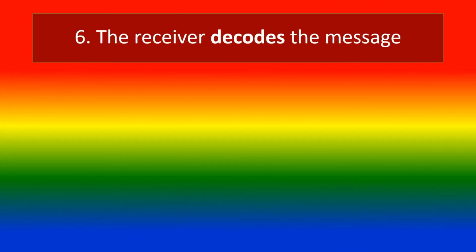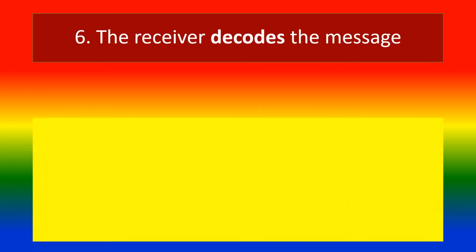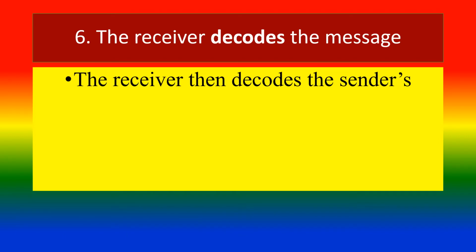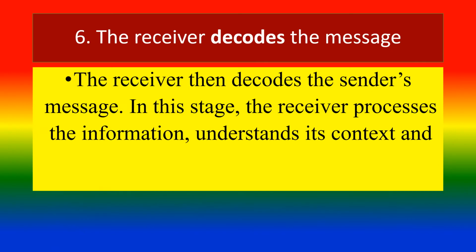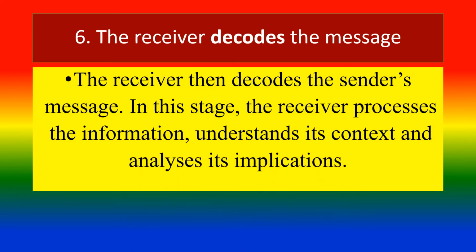Six, the receiver decodes the message. The receiver then decodes the sender's message. In this stage, the receiver processes the information, understands its context, and analyzes its implications.